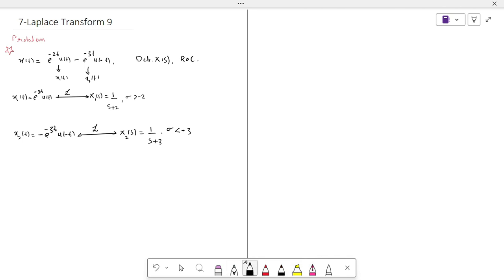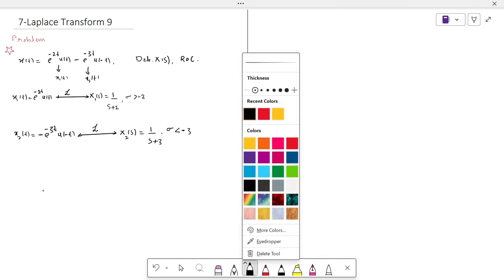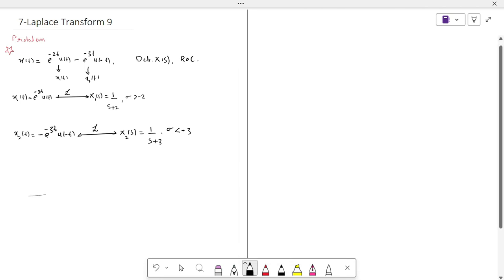So this is j omega, this is sigma. The first one is minus 2, and this is minus 3.